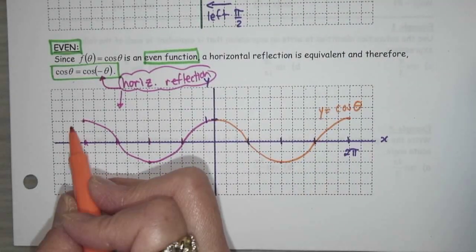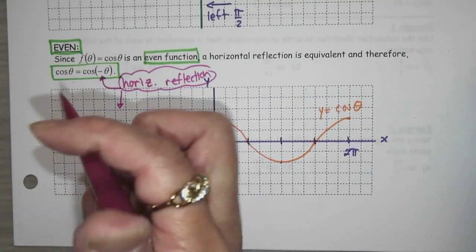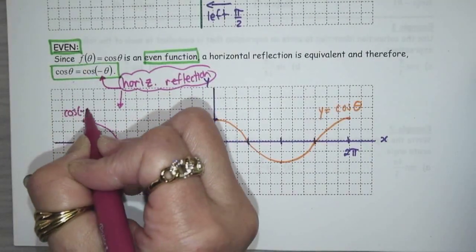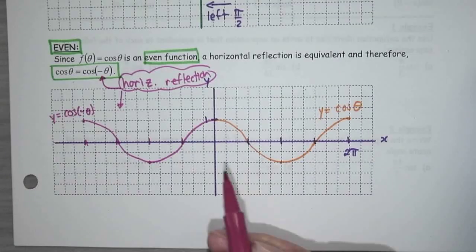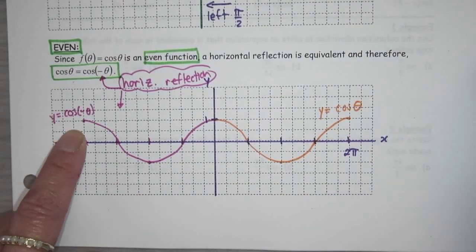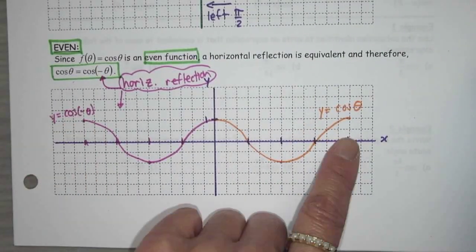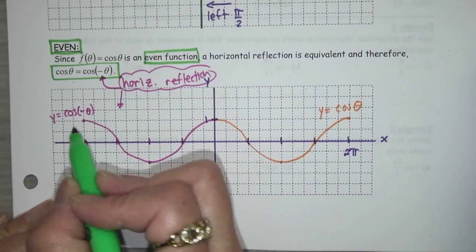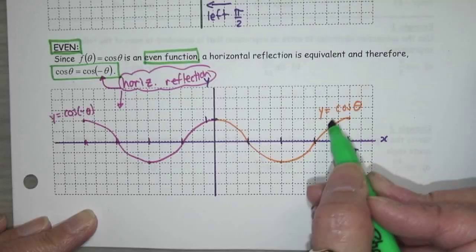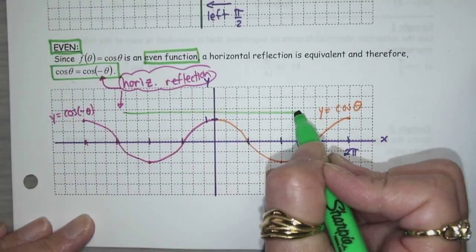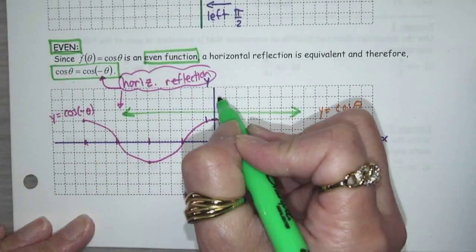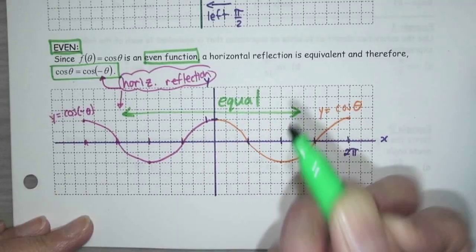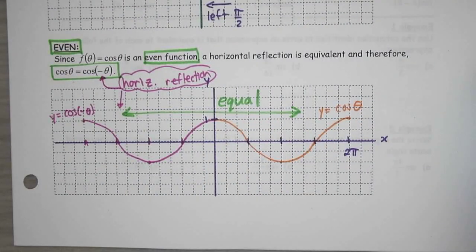So then my negative, so this here, cos of negative theta, is actually equivalent to, so that's why they say they're equal to, because these two end up being equal to each other. So cos of negative theta, which is the pink one, and cos of theta, which is the orange, these two are equal. And that's what they mean by equivalent.